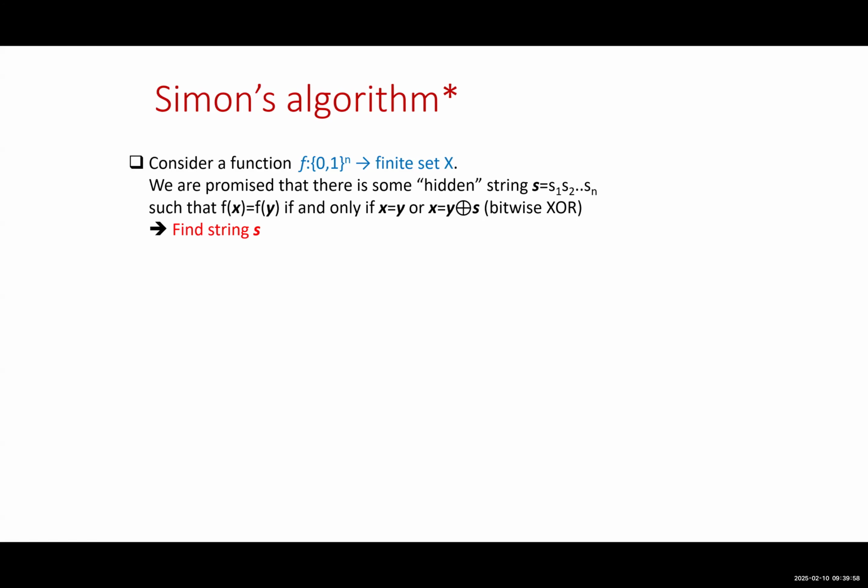So the question is to find this string. Classically, it's going to be exponentially hard because you need to go through many cases. So we won't focus on the classical part.